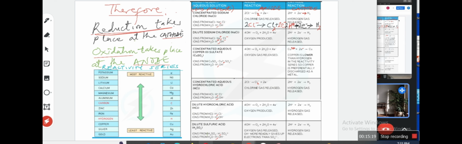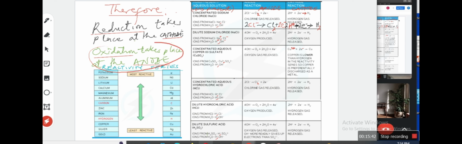Oxidation takes place at the anode. Reduction takes place at the cathode. Remind me again, what is oxidation?